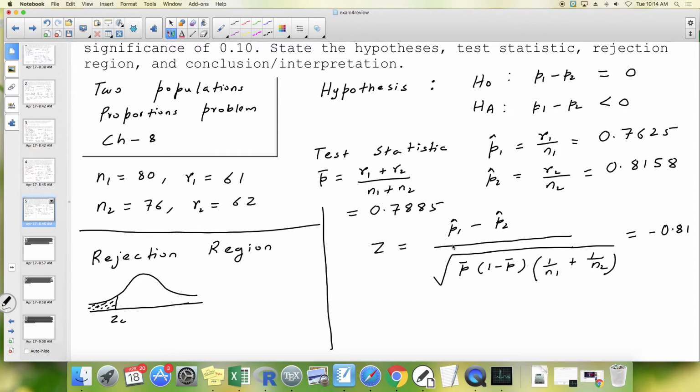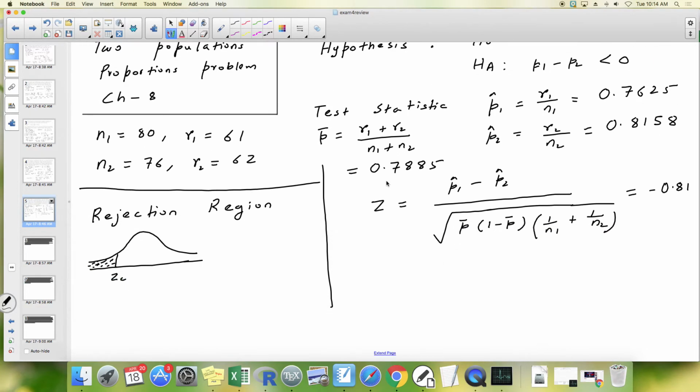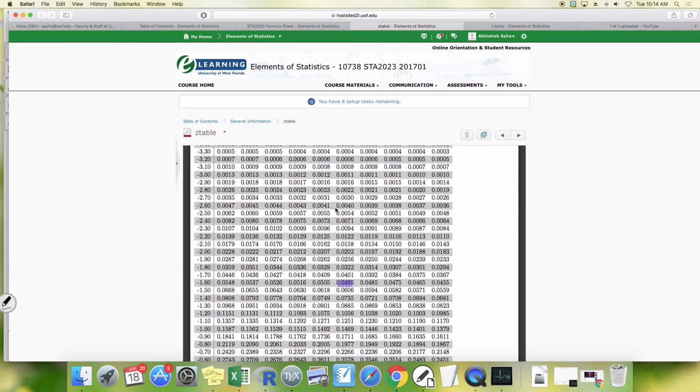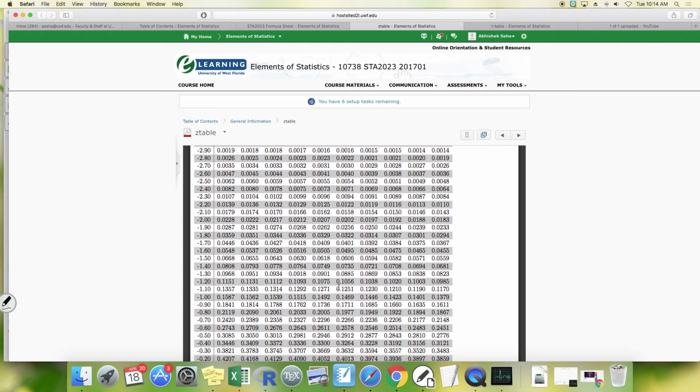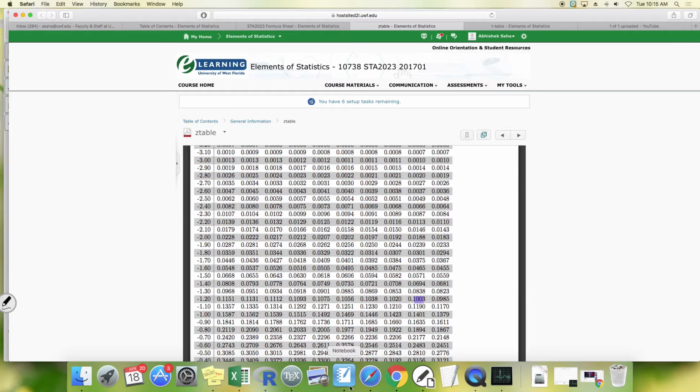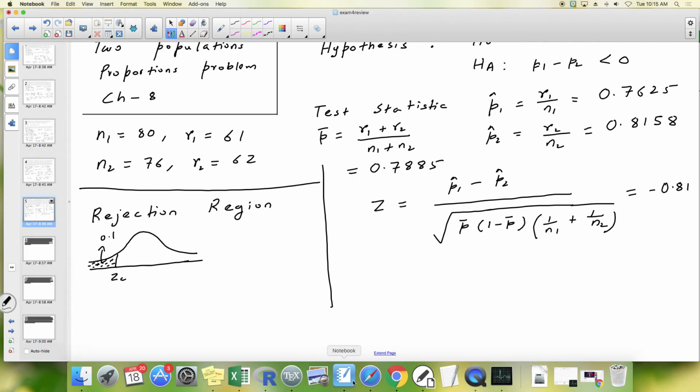How fat is the tail? The tail is 0.1 fat. So go to the Z table and look for 0.1. Alright, so 0.1 lies between minus 1.28 and minus 1.29. So minus 1.285.